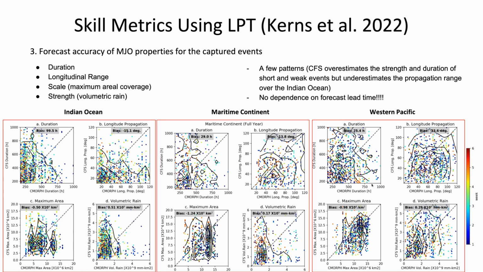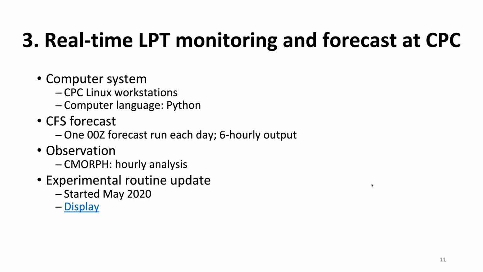But the most interesting thing is the color of the dots. The color represents the lead time. Blue is short lead time, red is long lead time. There's no dependence of those scatters on lead time. This tells you that the errors in predicting individual MJO properties are not a part of error growth of the prediction.